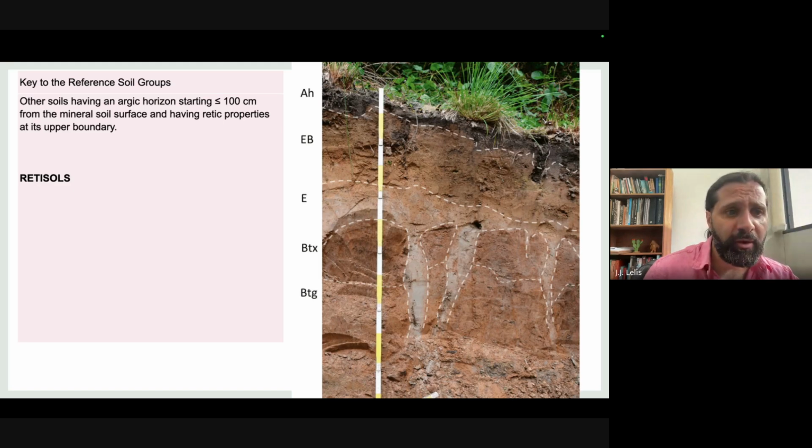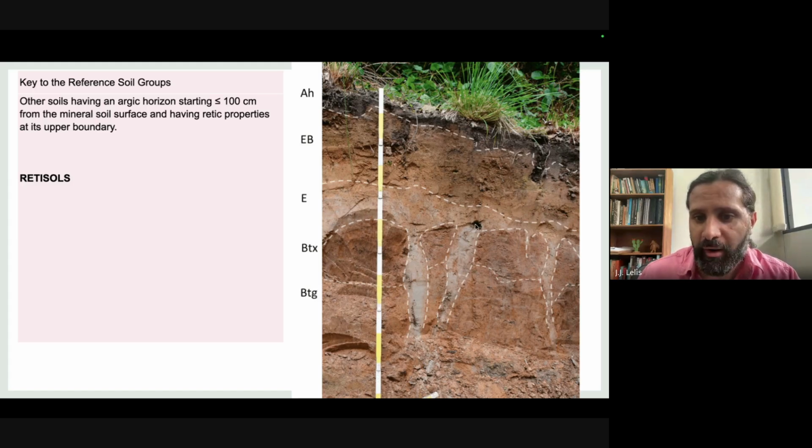And the retisols are those soils that, first, cannot be classified in the previous RSG, and they have an argic horizon in the first 1 meter below the soil surface, and they have retic properties. What are retic properties?